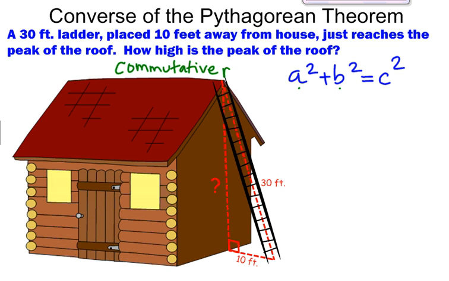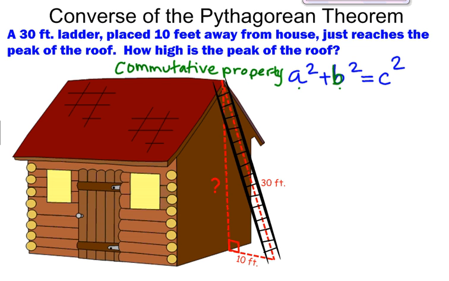So it doesn't really matter if we solve for A or B. I usually like to solve for A because sometimes my handwriting is messy and my B's end up looking like sixes. So if I'm solving for a side that's not C, I usually like to solve for A just because it's an easier variable for me to work with.